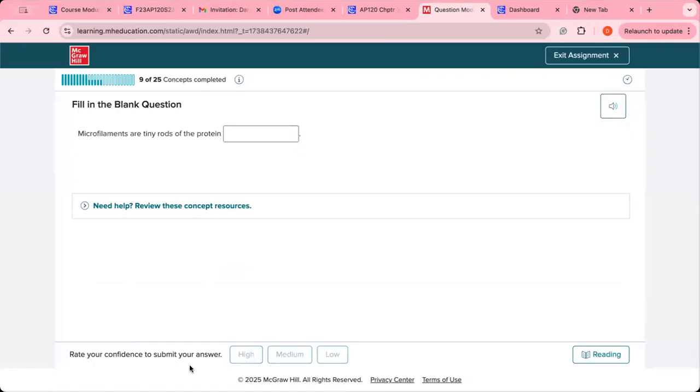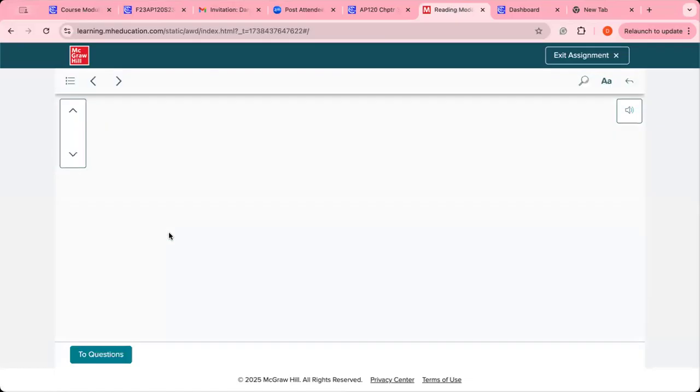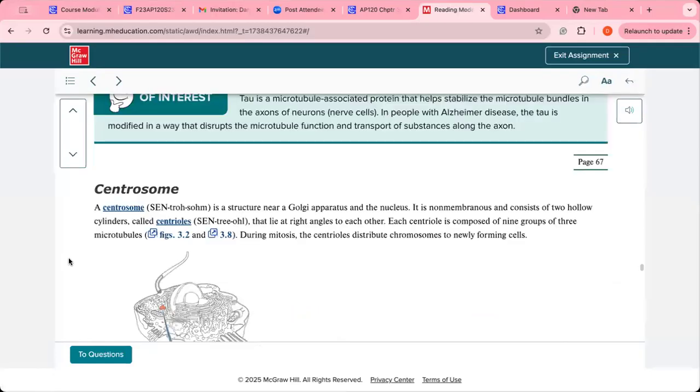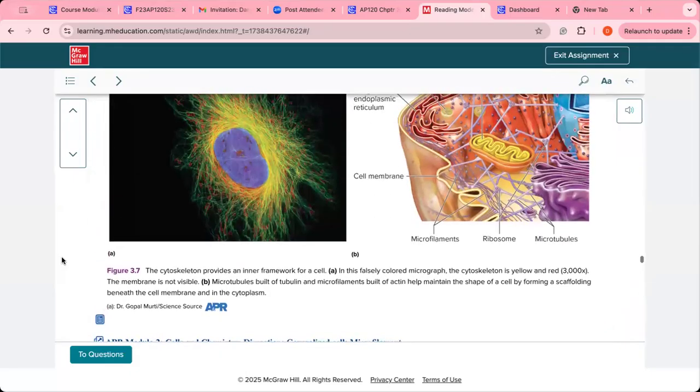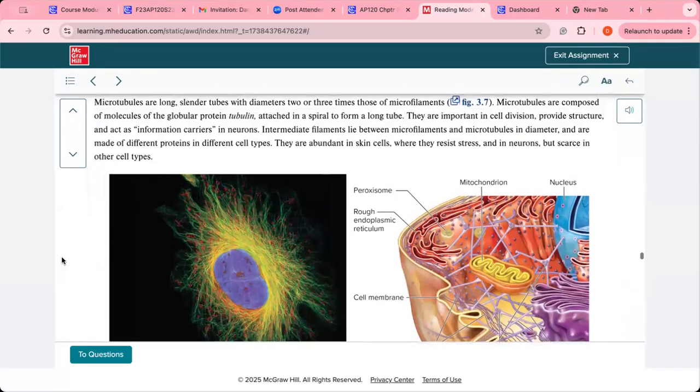Microfilaments are tiny rods of the protein. I don't remember the name of it, but it's muscle protein, right? I need to read about microfilaments again.